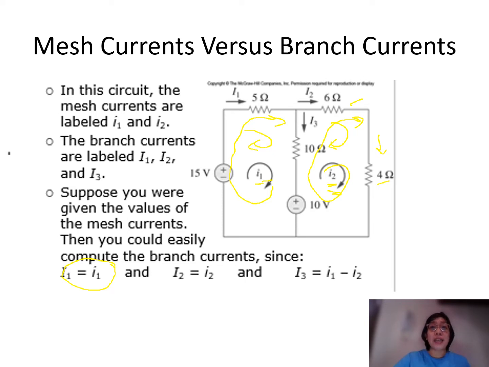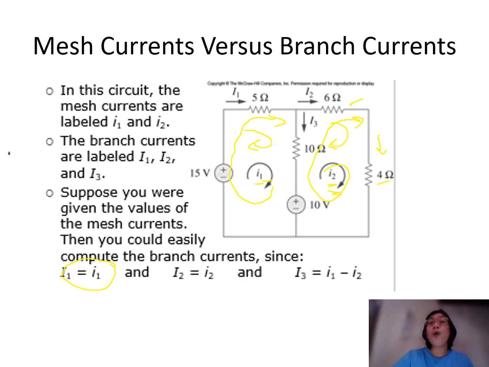However, at branch I3, or at the 10 ohm branch, we can see that your I3 is somewhat a combination of your mesh currents 1 and 2. So how are we going to solve for I3 now? We will combine them and look at the direction. Whichever follows the proper direction of your branch current I3, we will treat as positive, and the one which opposes the direction, we will treat as negative.